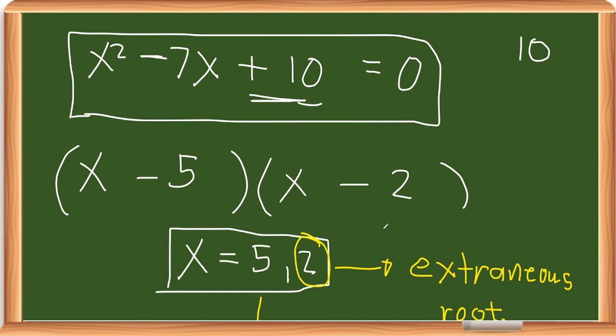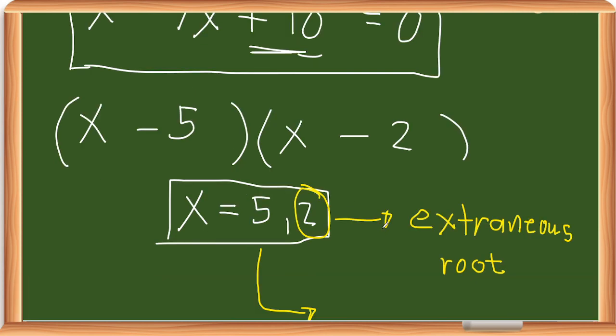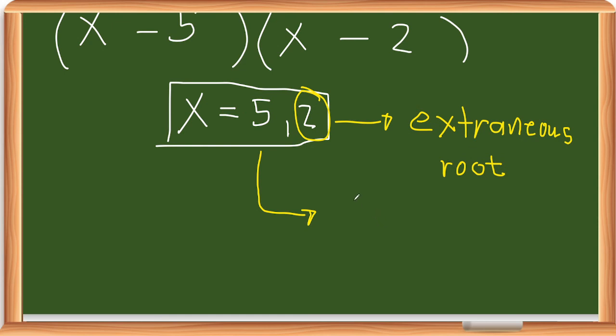It seems to be right, but it is not the solution to the original equation, and that's what we call the extraneous root. It is the root talaga, pero kapag sinubstitute na natin siya dun sa original equation, hindi siya nagiging solution. So, isa lang yung naging solution, which is 5.